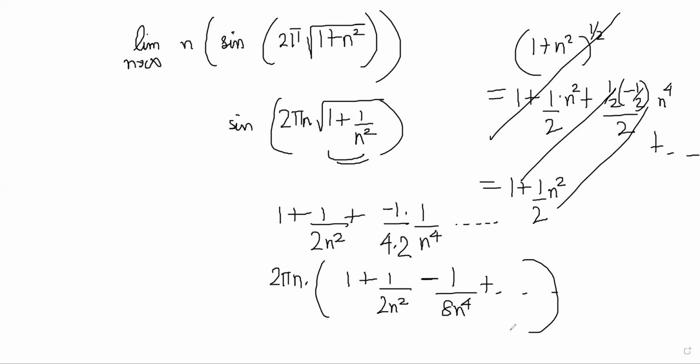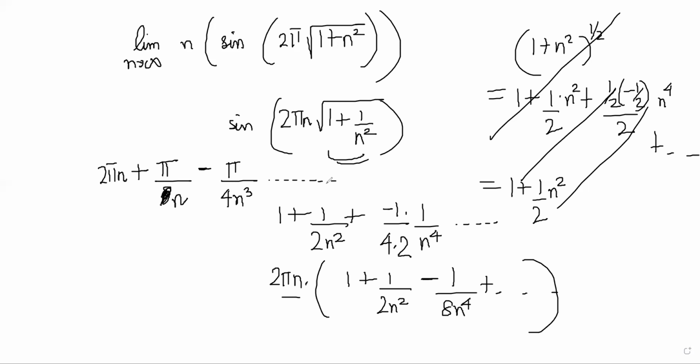So that becomes 2 pi n plus pi by n, minus pi by 4n cube, right?